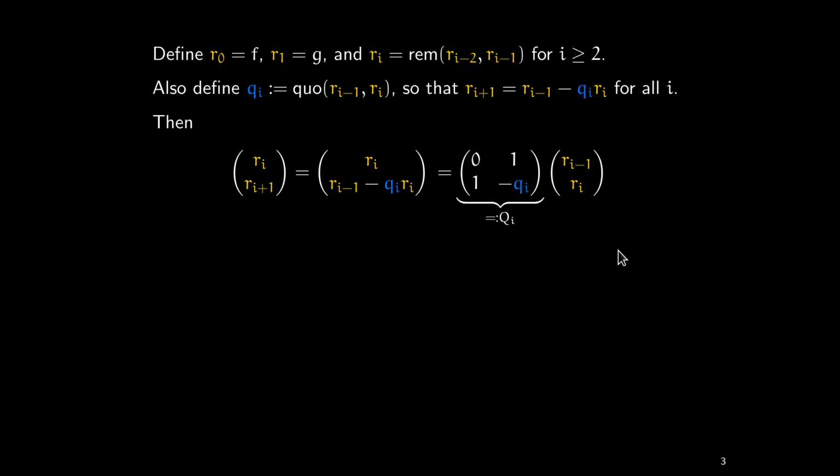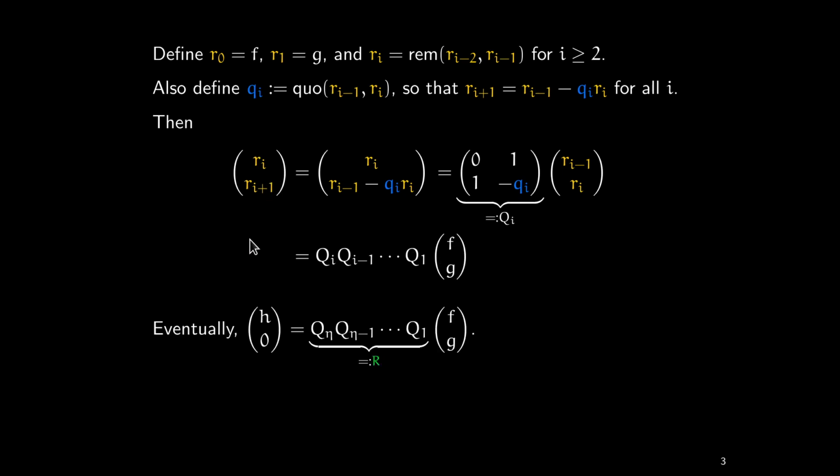And if you keep going, and if you call this matrix Qi, then this one was also obtained from a previous one. So altogether, the product of all these Q's will turn the input polynomials f and g into the polynomials that you have in the ith iteration.